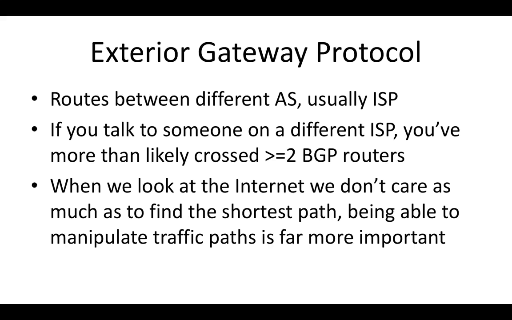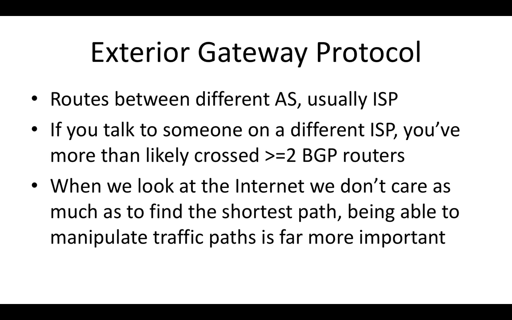BGP is an exterior gateway protocol. A lot of the stuff you probably have looked at before, like OSPF and EIGRP, maybe even RIP, are all your interior routing protocols, and they're designed for speed. I want to know how to get to that endpoint as fast as I possibly can. Let's make a self-healing, really dynamic network, and that was the focus of internal routing protocols. With BGP, we're not so concerned about the actual speed of convergence.